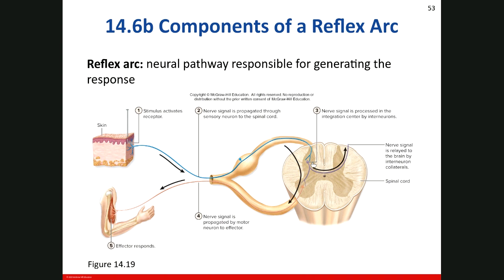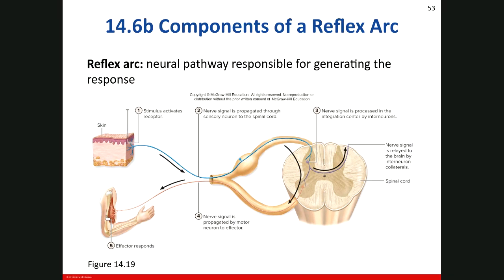And after that, we have the motor neuron, which can transmit a nerve signal from the central nervous system to our effector organ. A motor neuron transmits a nerve signal from the CNS to peripheral effector organs. Sometimes our effector organs are glands, and sometimes we have muscle here. And the last part is our effector.